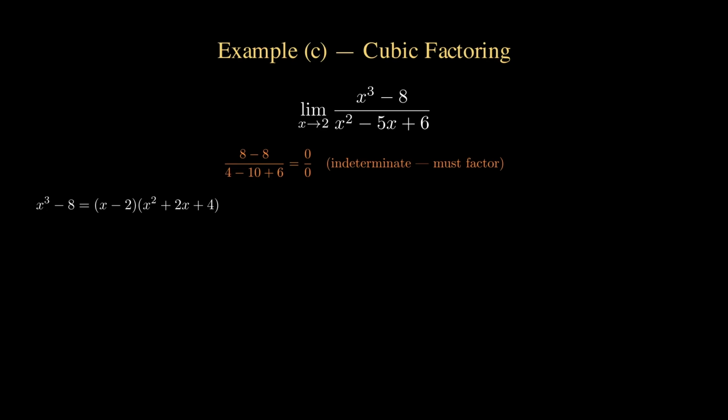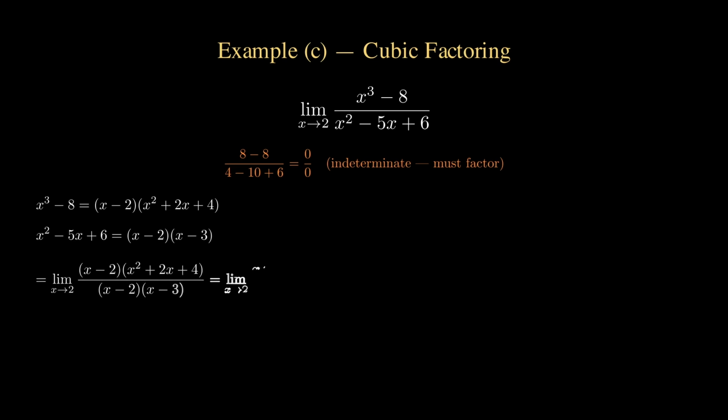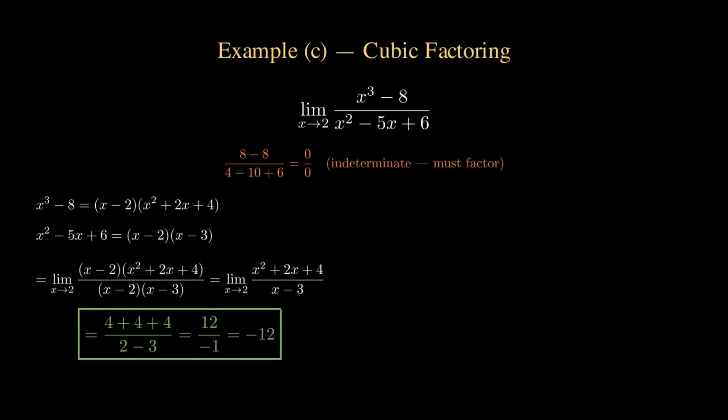The denominator x squared minus 5x plus 6 factors as x minus 2 times x minus 3. Cancel the common factor x minus 2. We are left with x squared plus 2x plus 4 over x minus 3. Now substitute x equals 2. 4 plus 4 plus 4 over 2 minus 3. That is 12 over negative 1 equals negative 12.